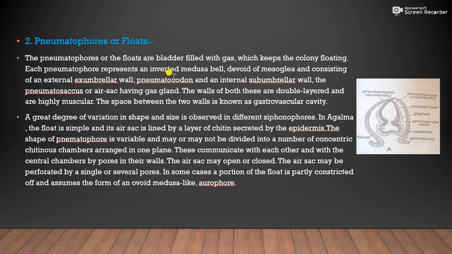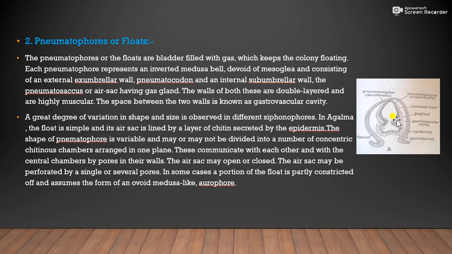Each pneumatophore represents an inverted medusa bell, devoid of mesoglea and consisting of an external exumbellar wall, look at this, and an internal subumbellar wall, the pneumatocyst or air sac having a gas gland.